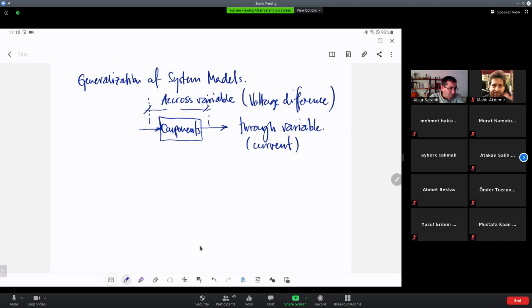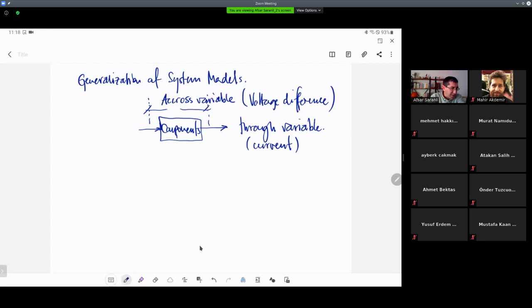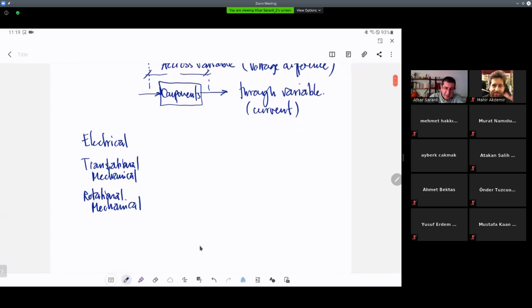So there are less obvious examples as well. Let me put these systems. In general, we can have electrical systems, we can have translational mechanical systems. These we have seen in 302. We can have rotational mechanical systems. Now, all of these were covered in EE407.